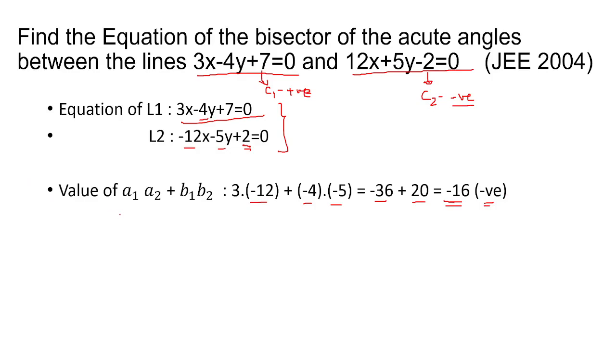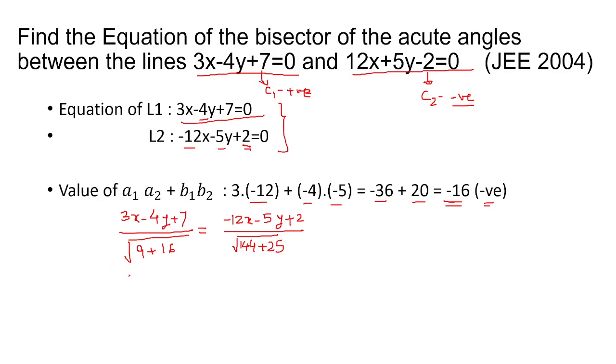So how to calculate? (3x minus 4y plus 7) divided by square root of 3 square plus minus 4 square is equal to (minus 12x minus 5y plus 2) divided by square root of minus 12 square is 144 plus minus 5 square is 25.